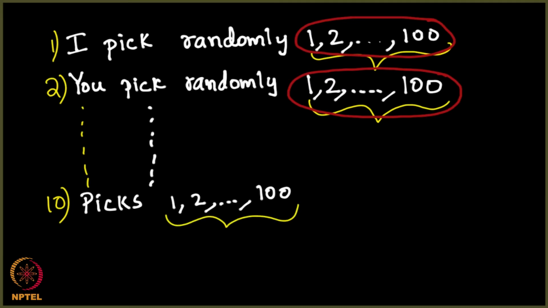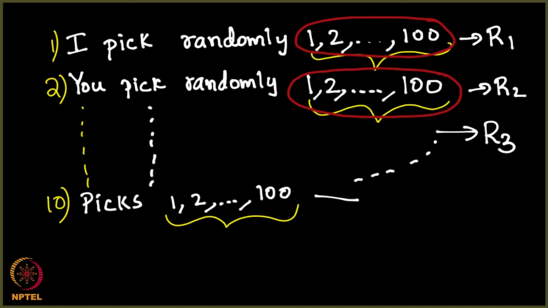So what I'm now going to do is, let's say the number that I pick, let me call it R1. The number you picked, I call it R2. The third person picks a number, I'm going to call it R3, and so on. And the 10th person who picks the number, that number is R10. Okay, so let me go to the next slide.